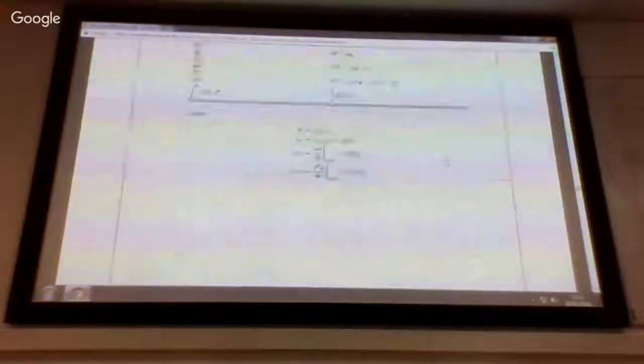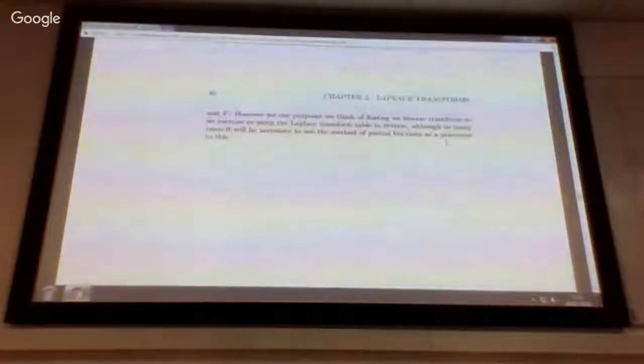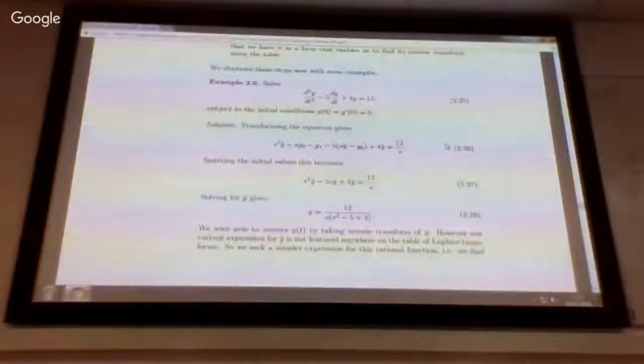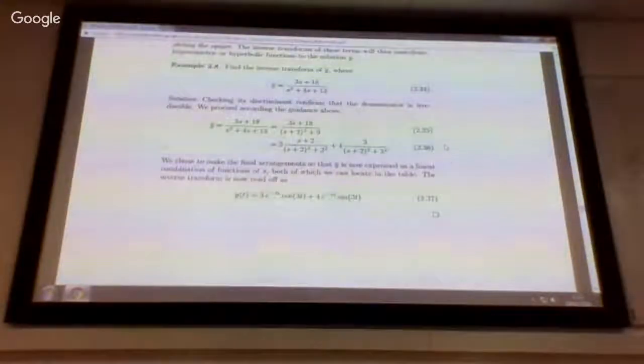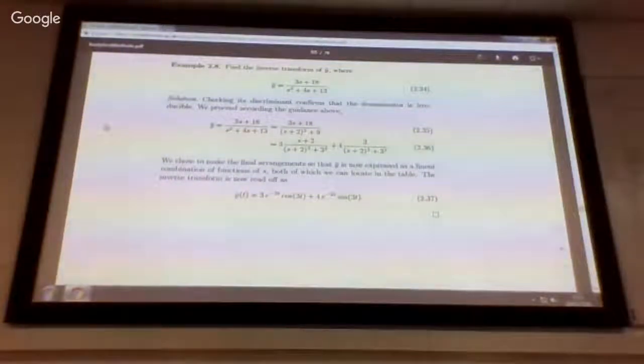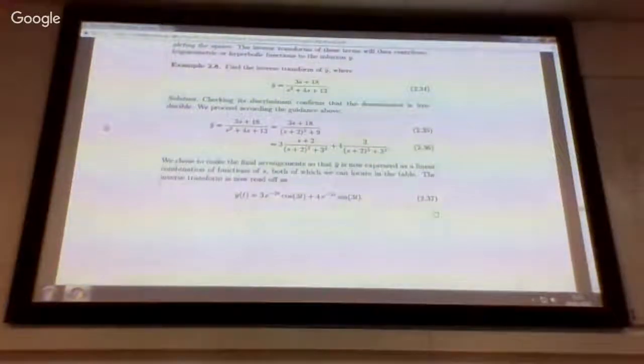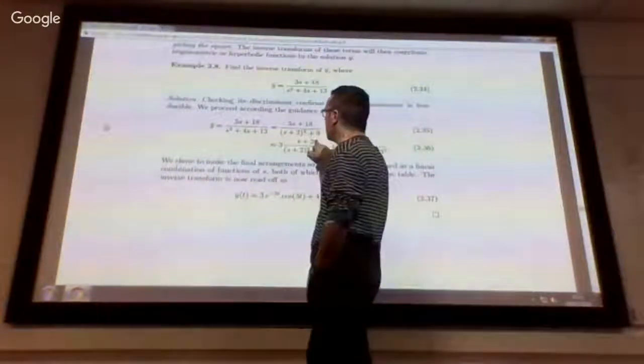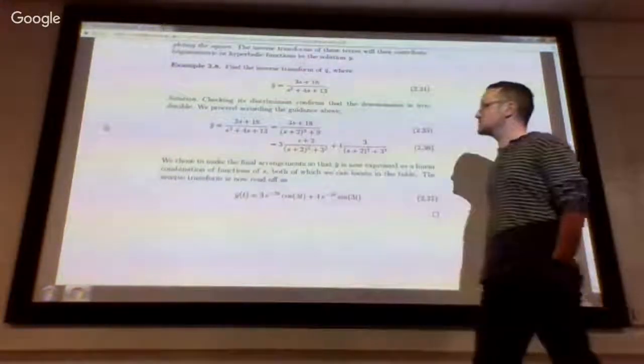So coming back to this example here, before we go to the simultaneous systems, example 2.8, the bottom of page 49. So you can see what goes on here, okay? The appropriate form for the denominator is going to be the square of s plus 2, plus 9.